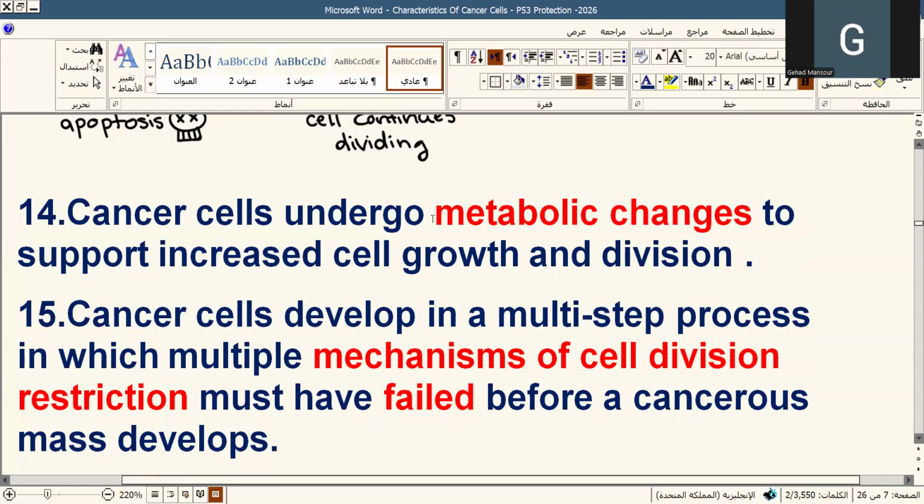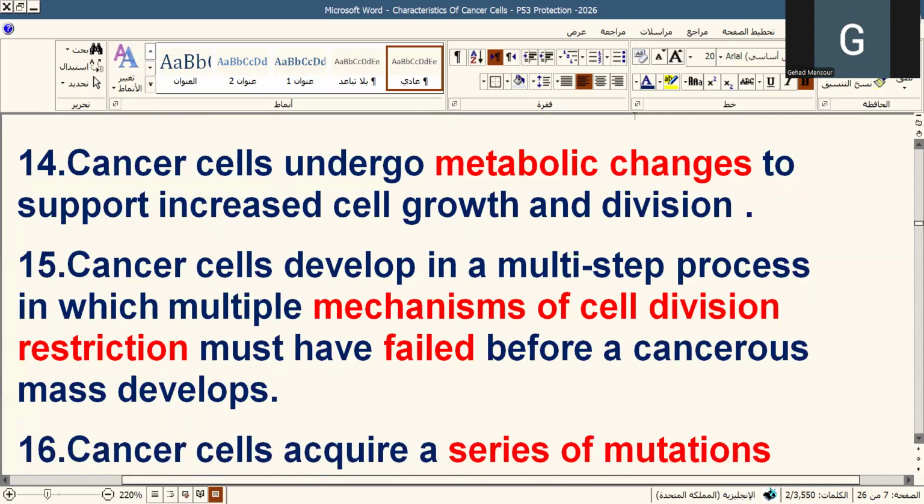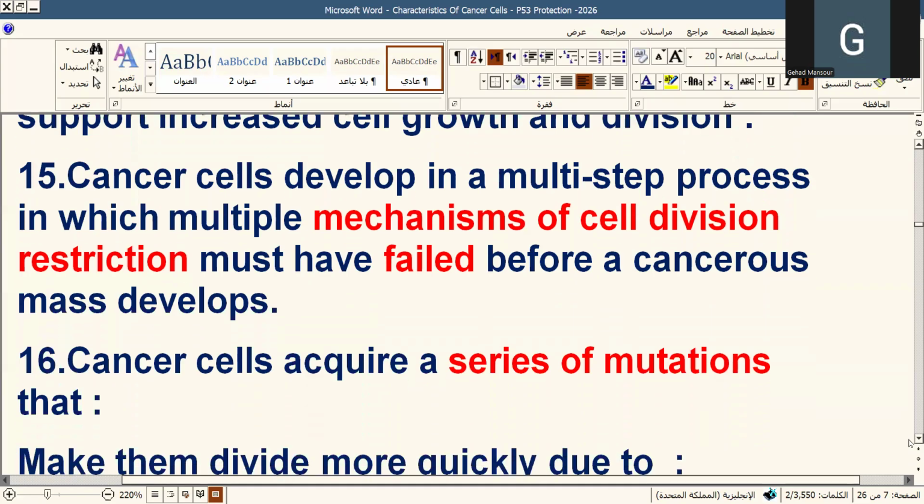Not only are they abnormal, but those metabolic pathways that are concerned with the production of energy should be very rapid to support the very rapid rate of growth and cell division.